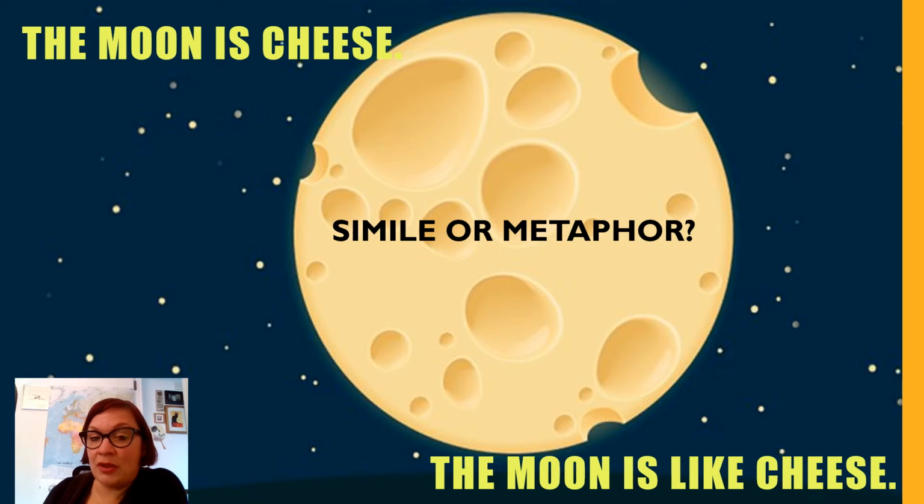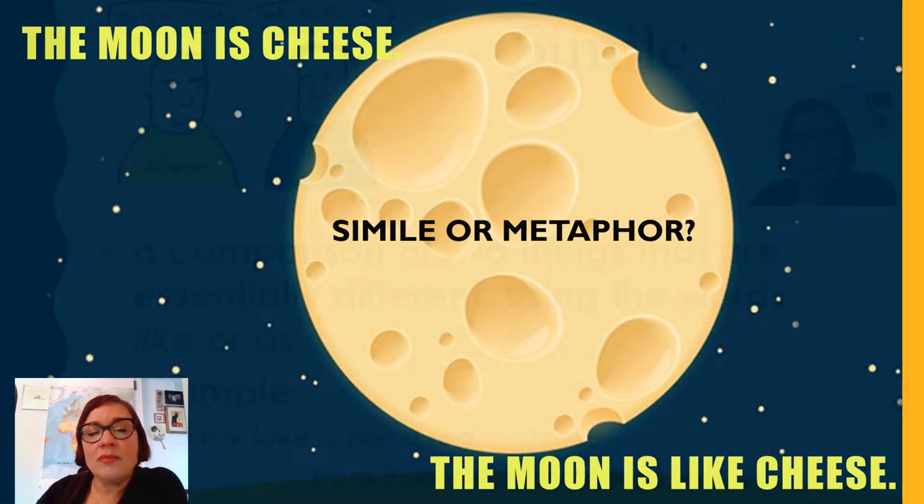Okay, so the thing is, if there's like or as in the expression, it's a simile. And if there's none of that, it's a metaphor. So the moon is cheese. It's stronger than the moon is like cheese, right? And that's what makes it a metaphor. I know this is a very silly example, but this is an easy way to remember.